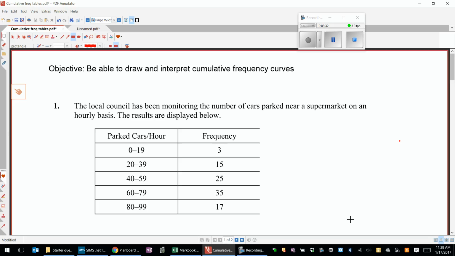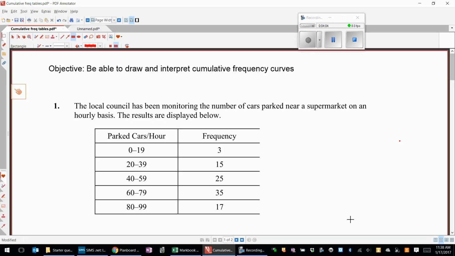Basically what they're saying is, each one of these hours, there's no information about when it happened, or whether it was on the same day or the same week. What they've done is they've done a survey. It might have been random hours during a month. But when they went and counted in that hour, anywhere between 0 and 19 cars were parked 3 times.